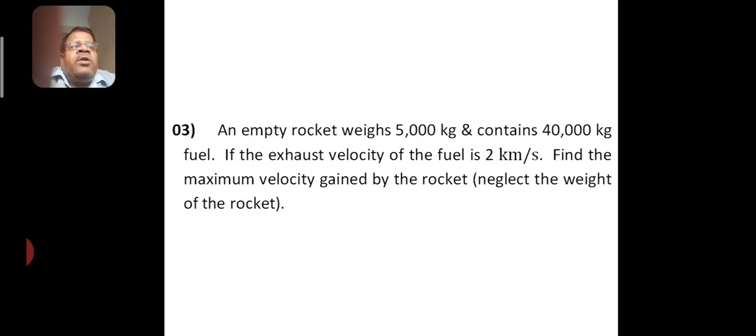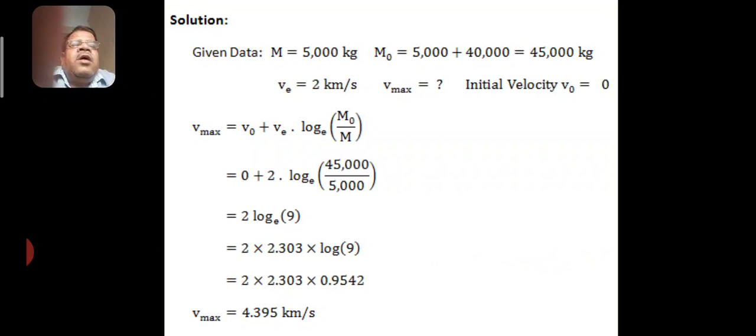An empty rocket weighs 5000 kg and contains 40,000 kg of fuel. If the exhaust velocity of the fuel is 2 km per second, find the maximum velocity gained by the rocket. Neglect the weight of the rocket. Observe here, mass of the rocket is 5000 kg, mass of the fuel is 40,000 kg.